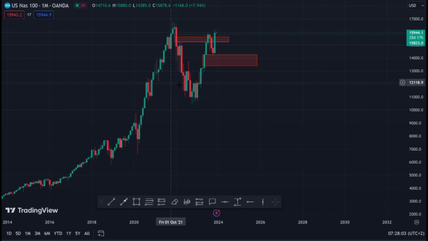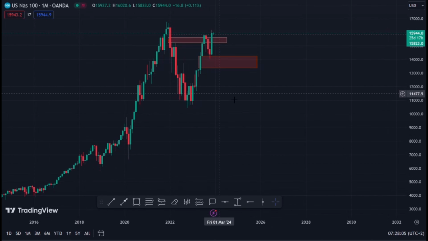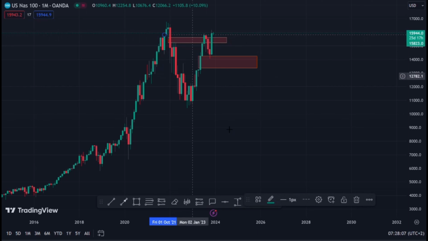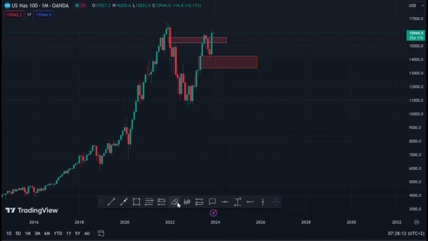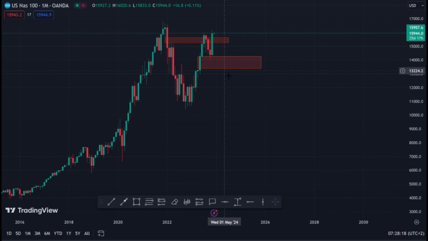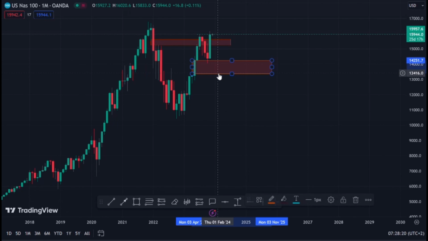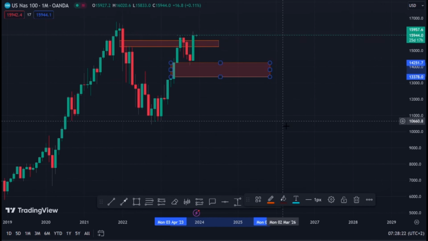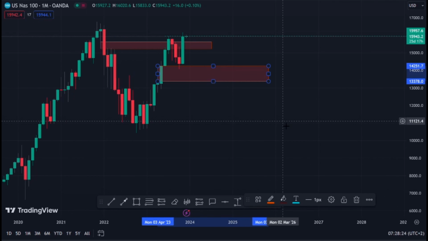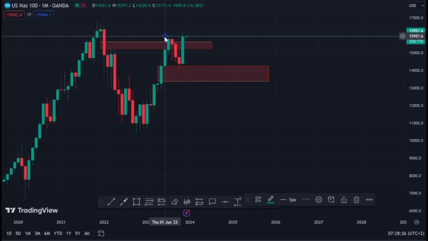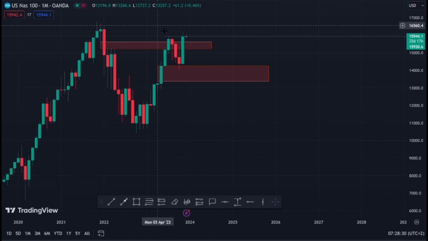So when you look at last month, November, did it close above a high, or right on it, or right below it? We closed right on it, probably.